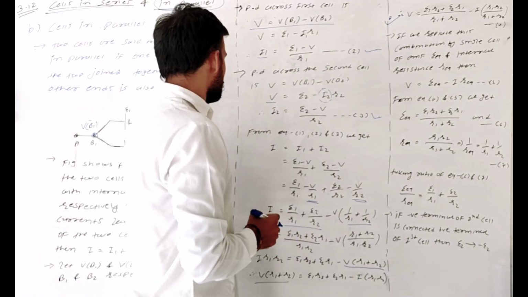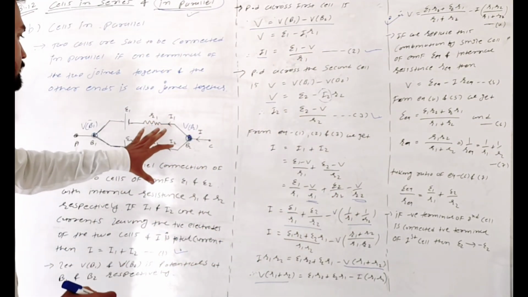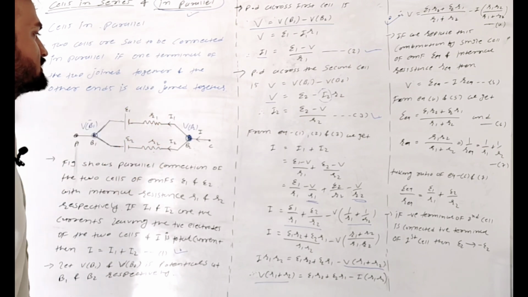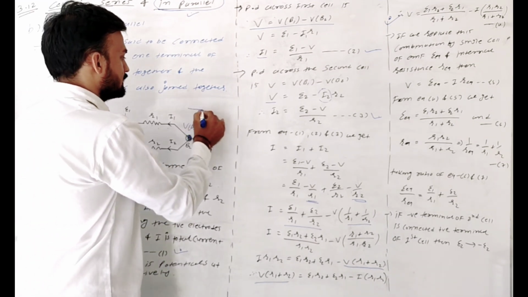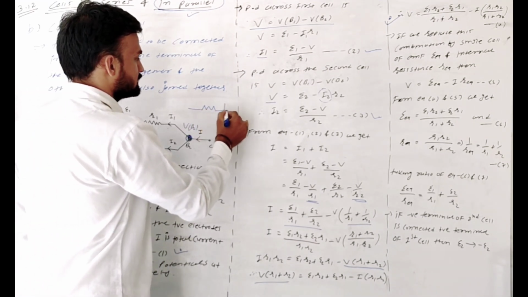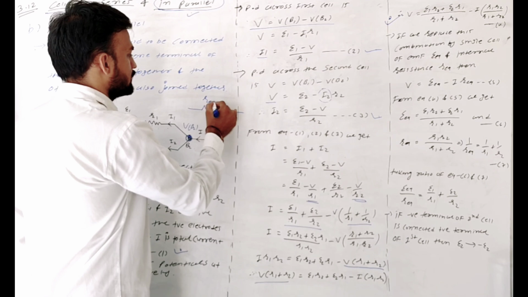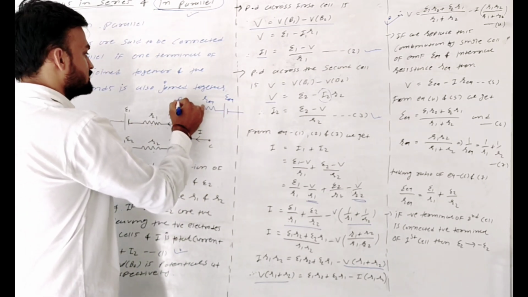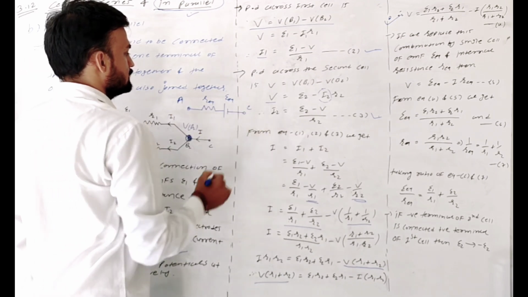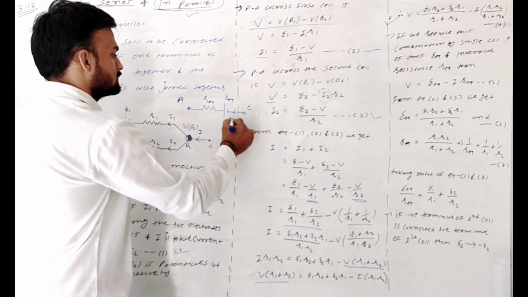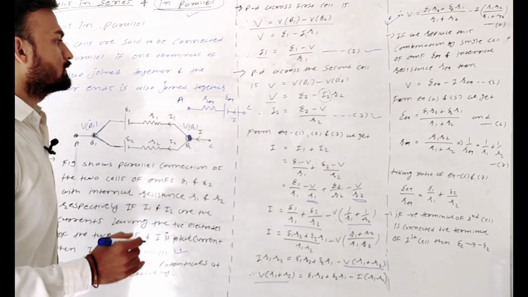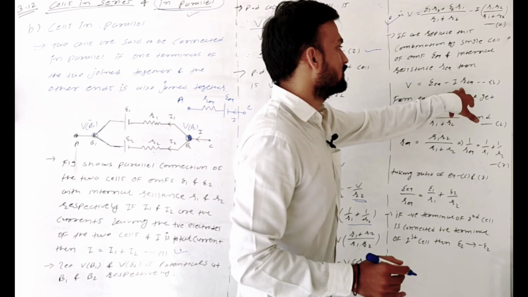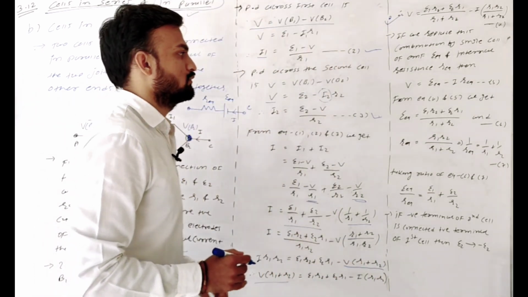Now the combination of these two cells E1 and E2, whose internal resistances are R1 and R2, is replaced by one cell whose internal resistance is R equivalent and EMF is E equivalent, connected across the two terminals A and C, and current I is flowing in this cell. Then for that cell I can write V is equal to E equivalent minus I R equivalent.